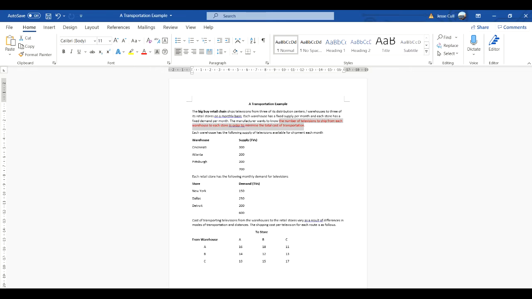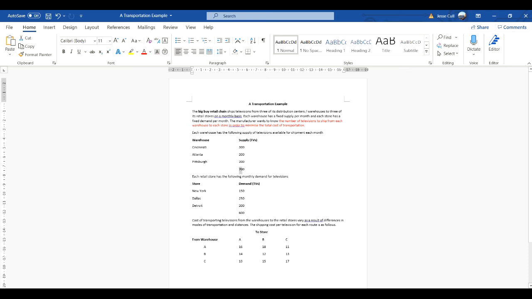However, it is a relatively simple thing for the computer to do, because even at this level, while it's very difficult for us to manually solve, it is still a very, very easy question for the computer to solve if we set it up properly. So we see each warehouse has the following supply of televisions available for shipment each month. Cincinnati has 300, Atlanta has 200, Pittsburgh has 200.